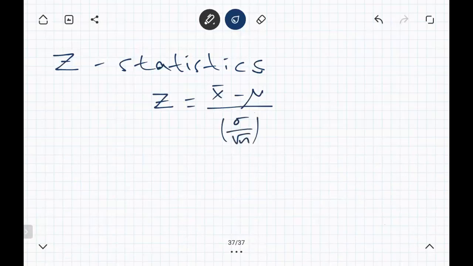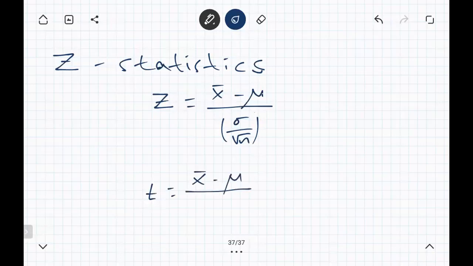We have all those things, and it invites us to use the Z statistics in this case. If you are checking for the mean value but you don't know the population standard deviation, then you will use a T statistics.